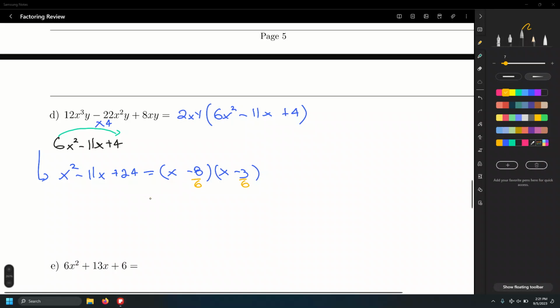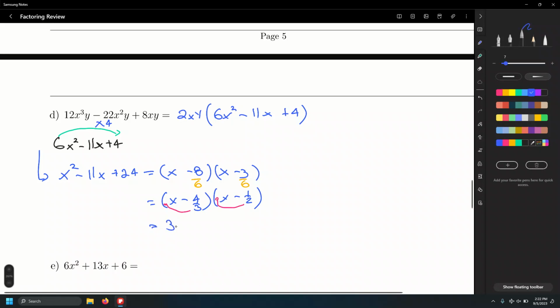So first of all, that's going to be x minus 4 thirds, and x minus 1 half. Now, 4 doesn't go into 3 evenly, and neither does 1 go into 2 evenly. So in both cases, the 3 becomes the coefficient, and the 2 becomes the coefficient.